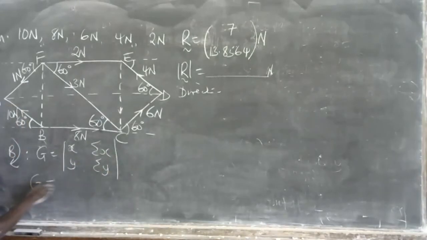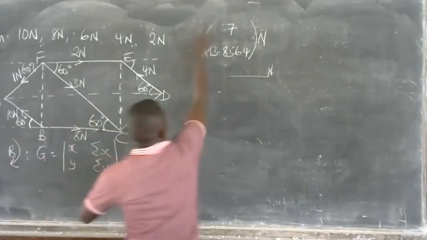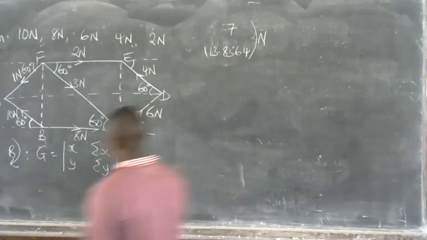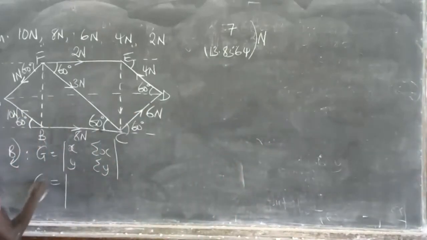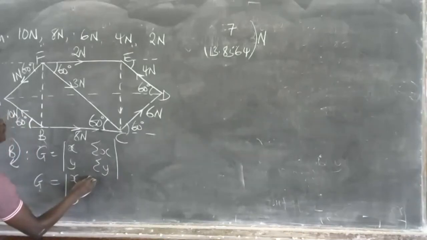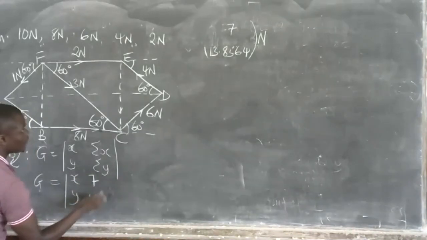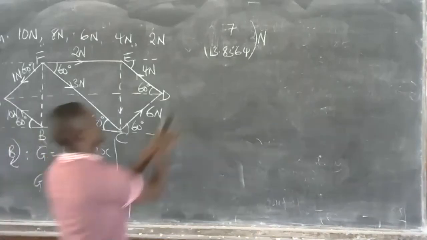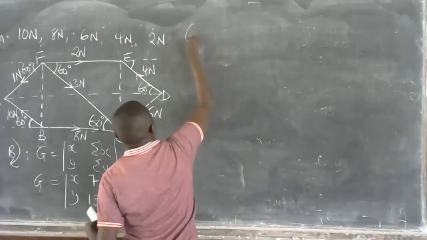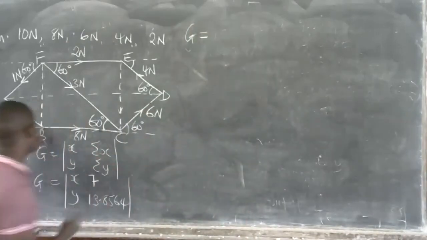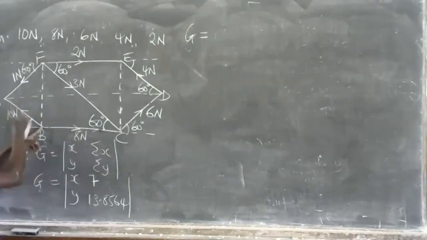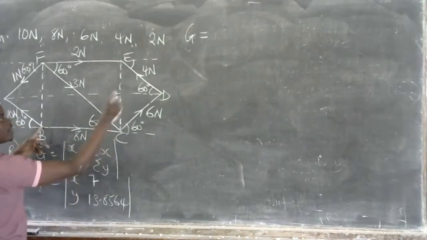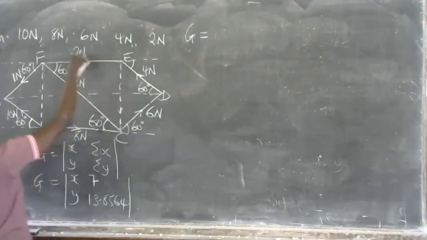So the sum of moments about G is xy, the sum of horizontal forces is 7, here 13, 8, 5, 6, 4. We are waiting for the sum of moments only. So 8 has no moment, 10 has no moment. So this time we are left with the 6, 4, 2, and 1.